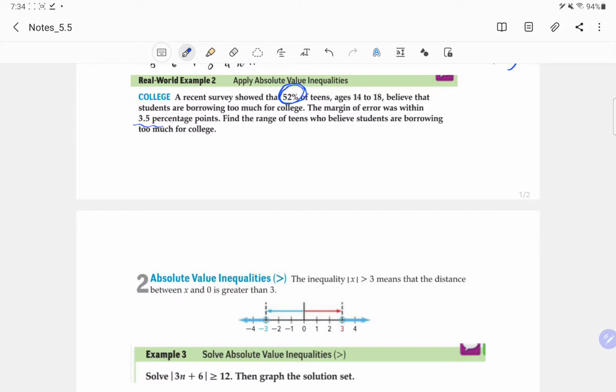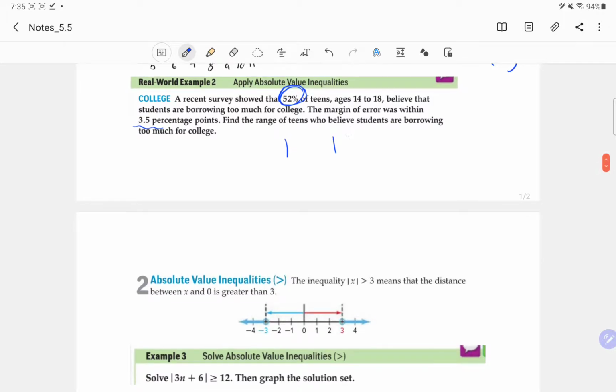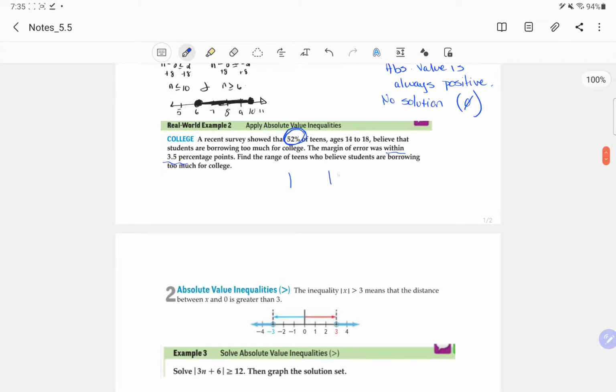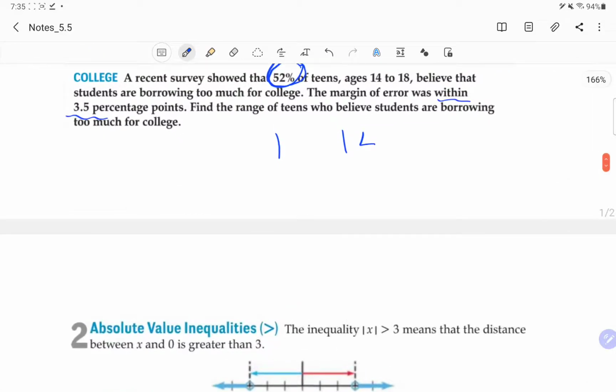Either above or below, we're within 3.5. So that means we're talking about an absolute value because we don't care if it's negative 3.5 or 3.5. It's just the difference was 3.5. And if it's within, that means it's 3.5 or less.